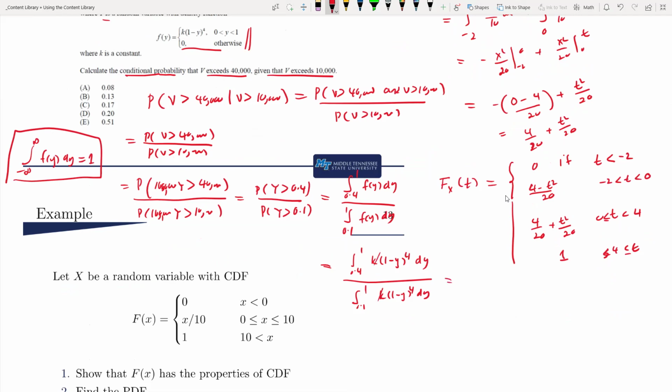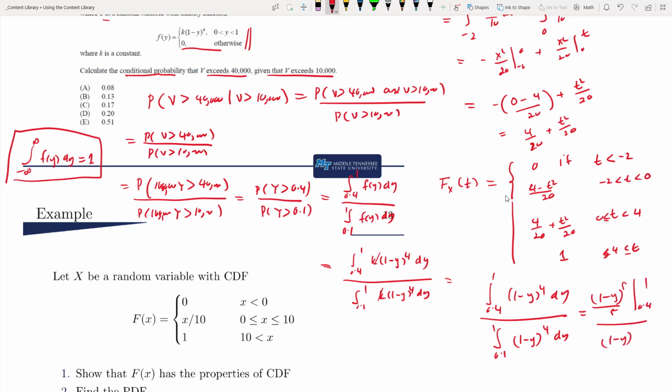k. So here you can see it's going to be the integral from 0.4 to 1 of (1 minus y) to the 4 dy over the integral from 0.1 to 1 of (1 minus y) to the power 4 dy. So this ends up as (1 minus y) to the 5 over 5. And that would give you, basically, if you substitute y equal 1, that would be 0.